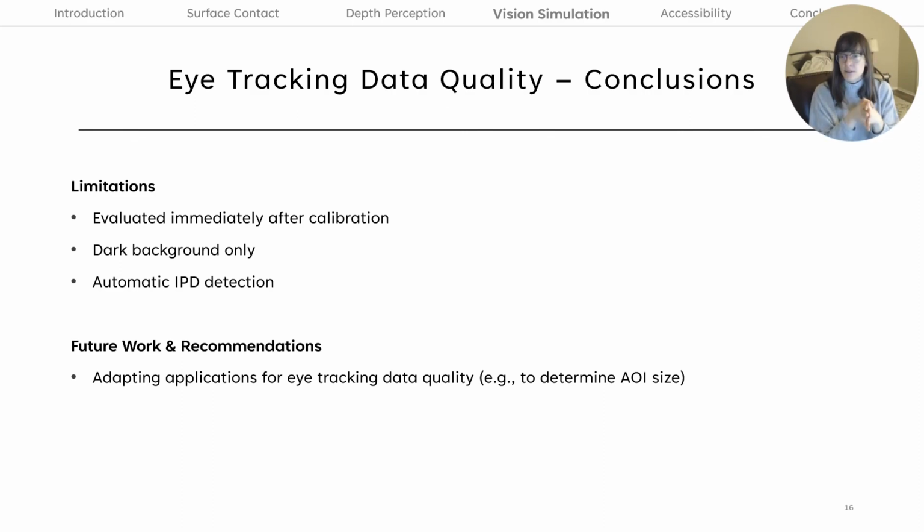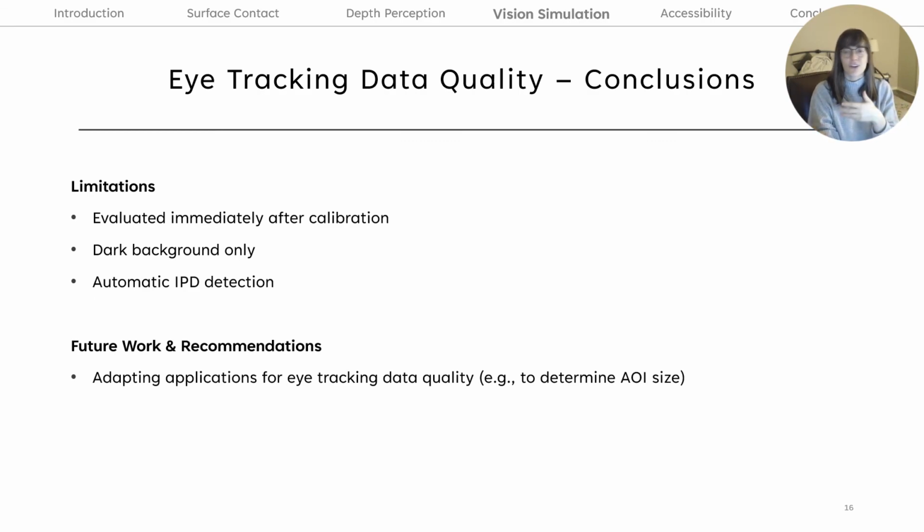An example of this in practice is work by, for example, Schuetz et al. from 2020. And yes, this is the same Schuetz from earlier, but this is a different paper. Schuetz et al. developed a psychophysics-inspired model to estimate what target size was needed for reliable gaze selection using an eye tracker based on, you guessed it, eye tracking data quality.